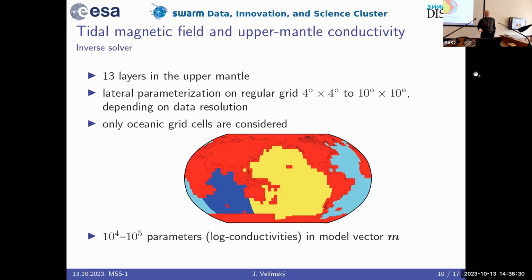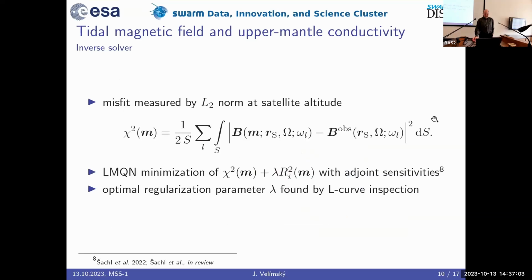For the inversion, our unknown domain is only under the oceans. We don't try to invert below the continents. And we use relatively coarse parameterizations for the mantle conductivity, in something like 13 layers in the upper mantle, and the grid size, depending on the spherical harmonic degree of individual tidal components, can be 4 to 10 degrees. This leads to inverse problems with tens to hundreds of thousands of unknown parameters in terms of log conductivity.